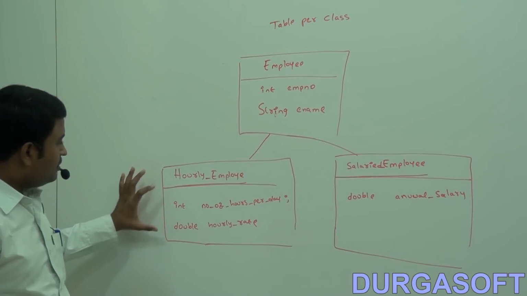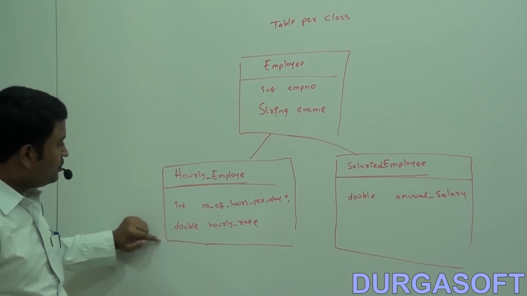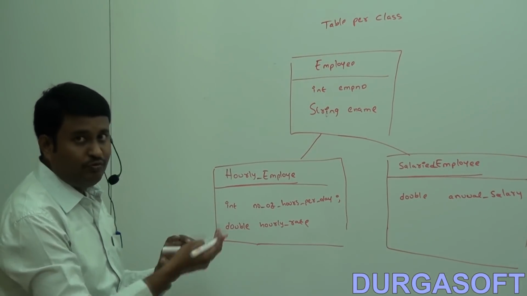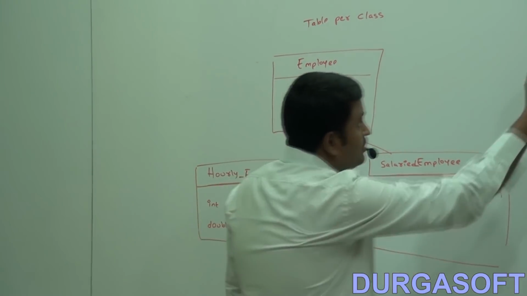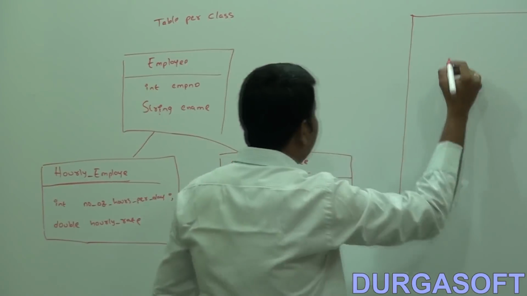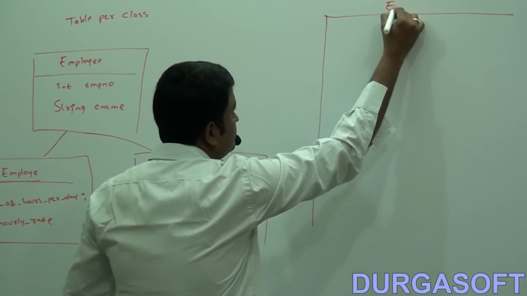When I store hourly employee, it stores both employee data and hourly employee data into one table. Here in the database we have only one table, that is the employee table.